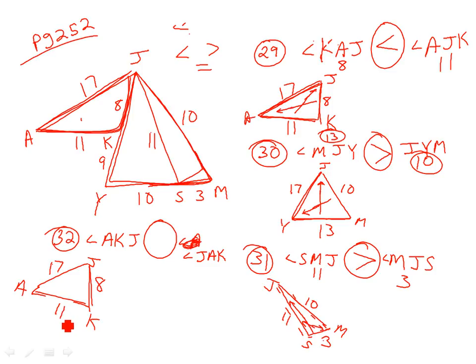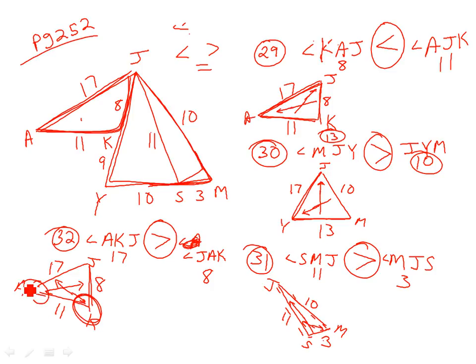All right, Levi, we want angle AKJ. That's this angle right here. Which side is it across from? We'll put 17 with that. And the other one, JAK, is across from the 8. Greater than. So this angle across from 17 has to be bigger than that angle.